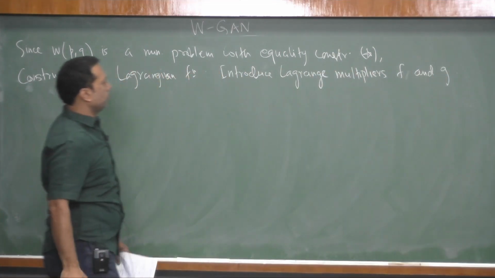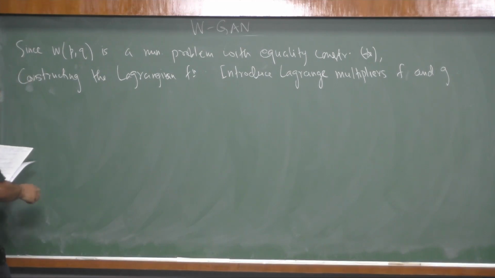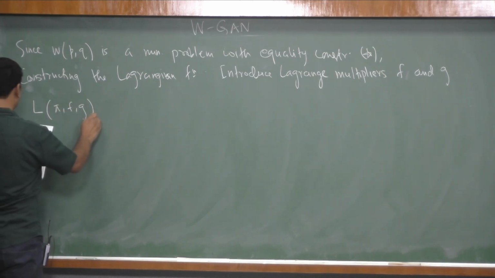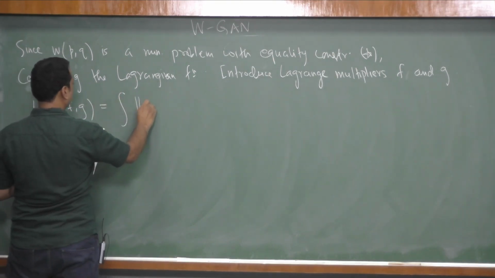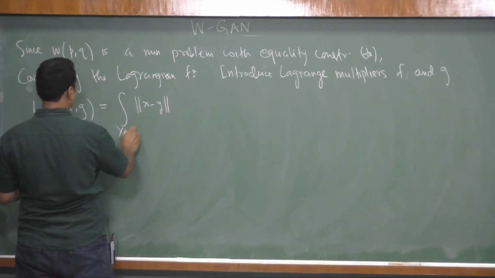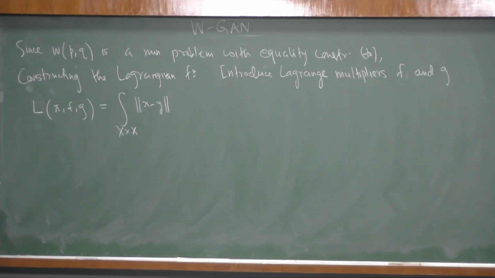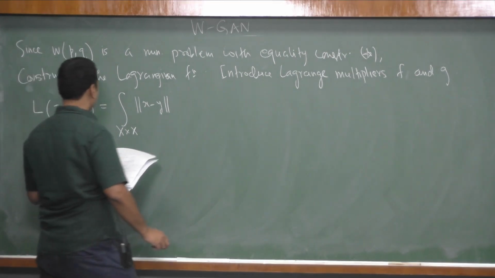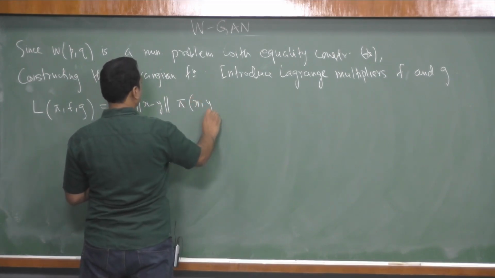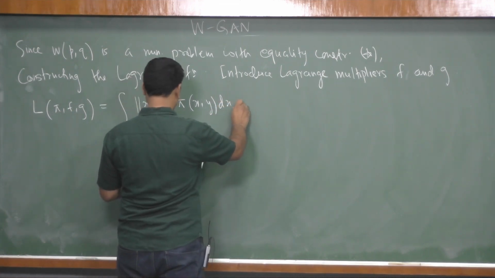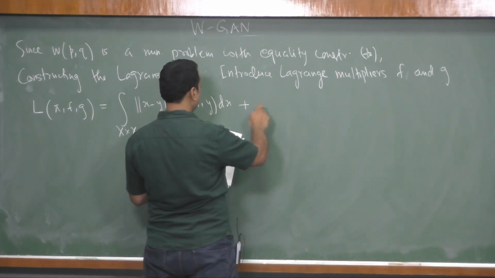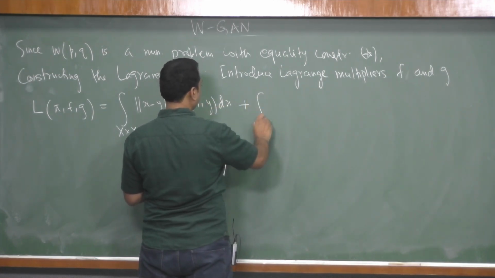With this setup, we can write the Lagrangian, which will be given by L(f,g). This is the integral of the distance between x and y, which is the expectation term that we are writing, over the domain, let us say x, with pi the joint PDF, plus the equality constraint with the Lagrange multipliers.